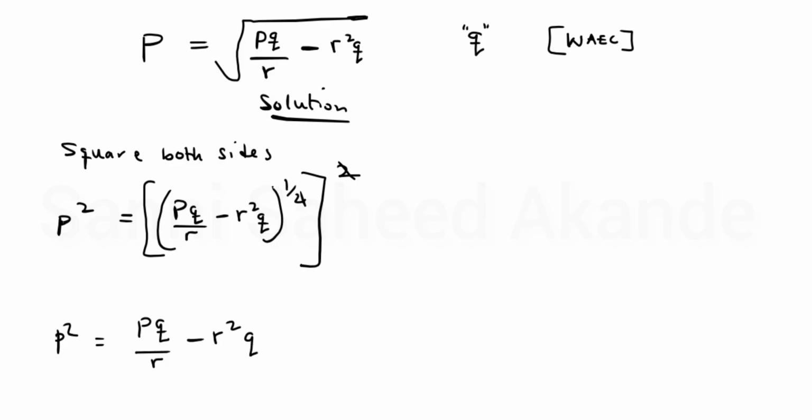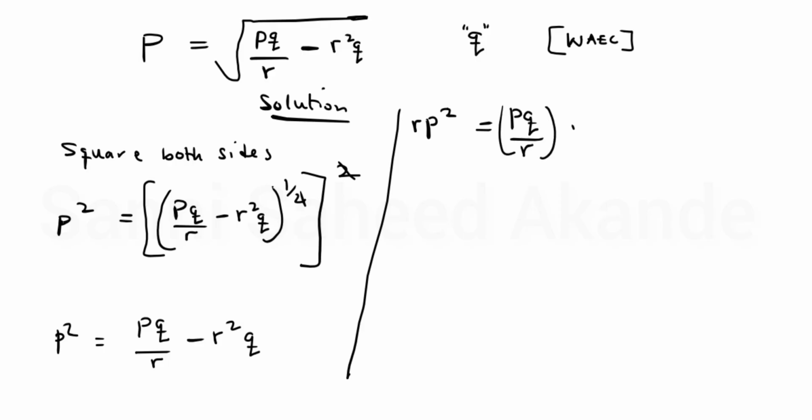Is that okay? Let me clear this fraction so that I will have a linear equation. So we have p squared times r, which is rp squared, then equal to pq over r, then times r, then minus r squared q times r. Okay, so I have multiplied all through by r.